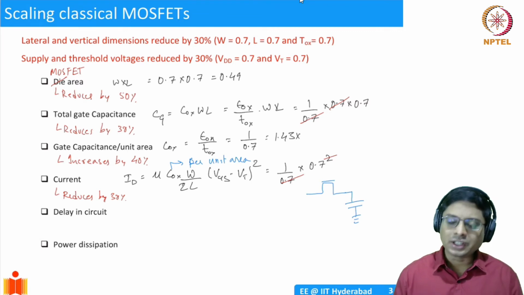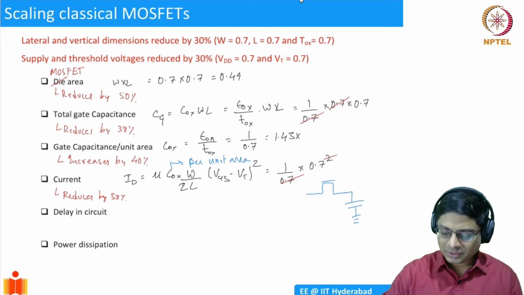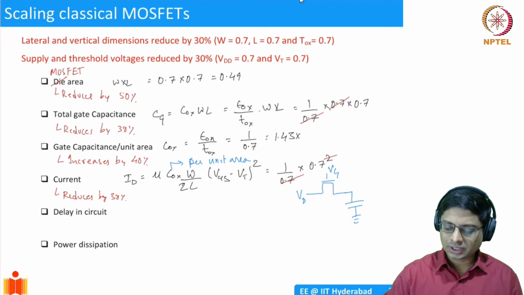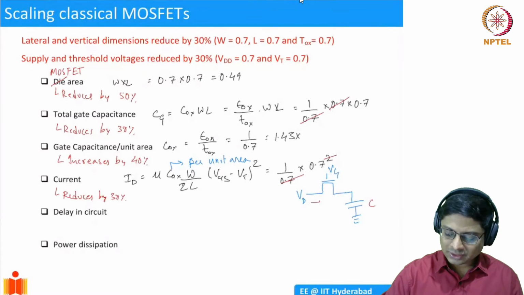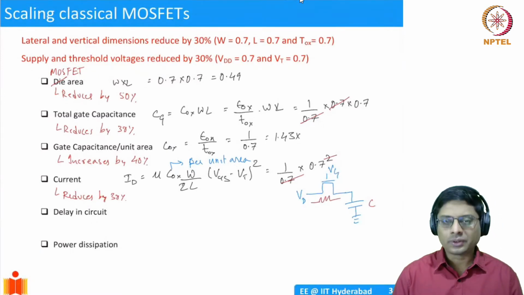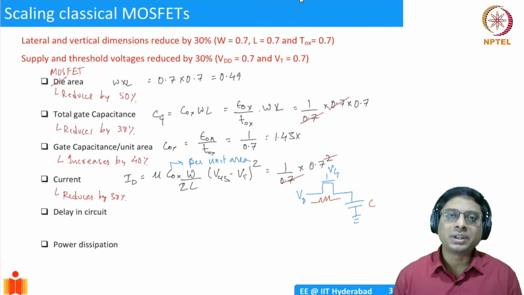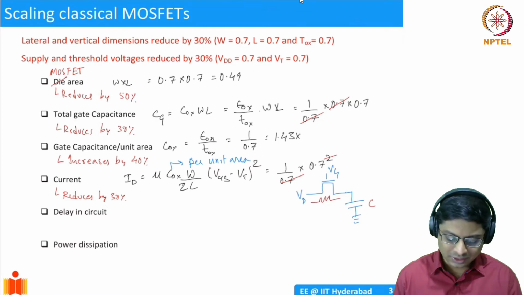So I can model in its simplest form a MOSFET circuit as simply an RC network. The load is capacitance C, and the MOSFET I can model as resistance. So when I have an RC network, I know what I have studied in basic circuit theory. You would have analyzed it in great detail.